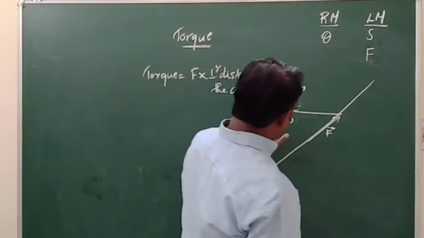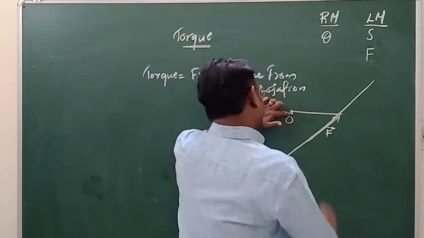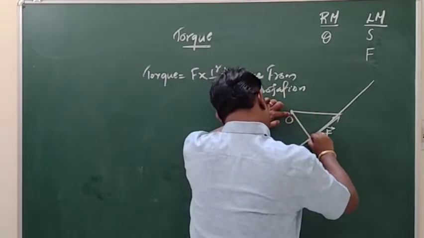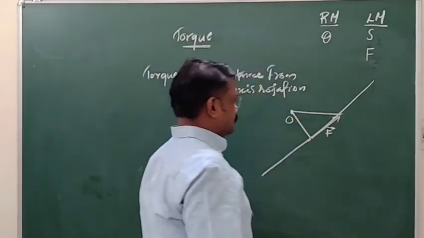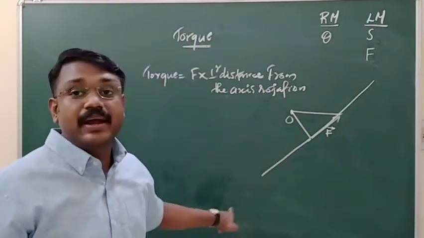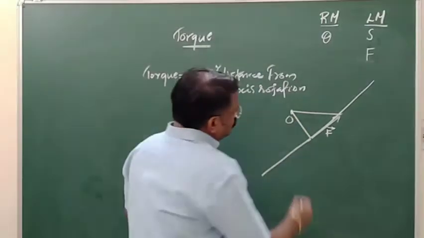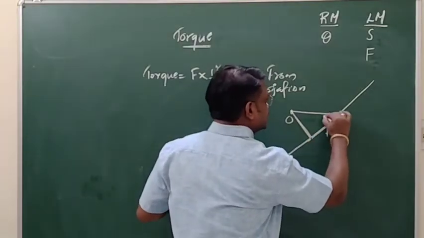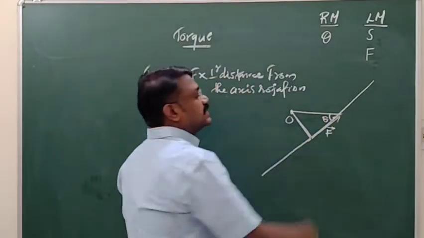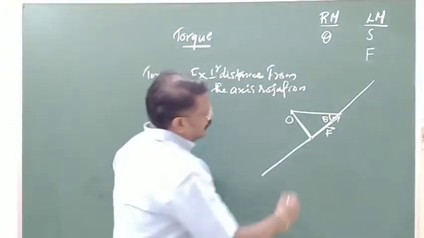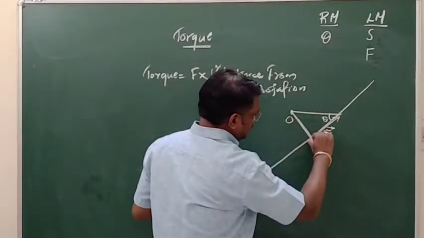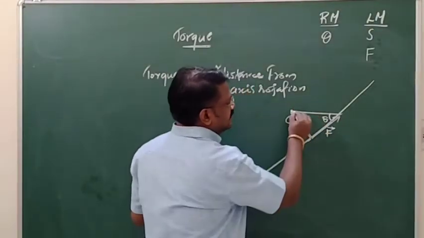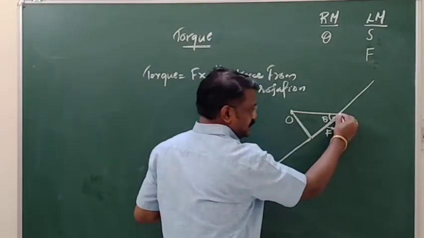So from the axis of rotation, you are making a normal to the line of action of this force. Suppose this angle is theta. So this is the perpendicular distance and this is the hypotenuse.